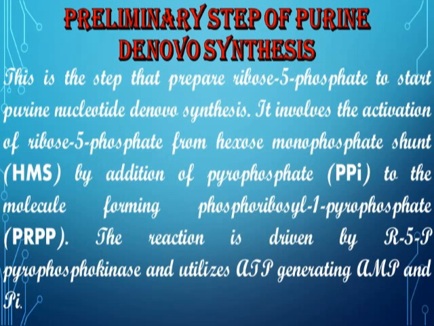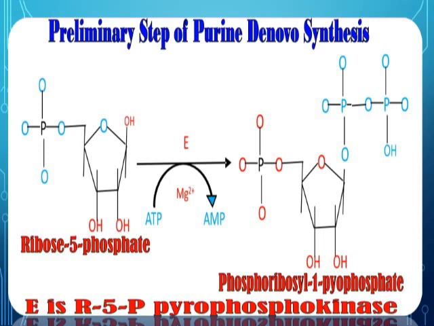The reaction is driven by ribose 5-phosphate pyrophosphokinase and utilizes ATP, generating AMP and Pi. So this is the preliminary phase.